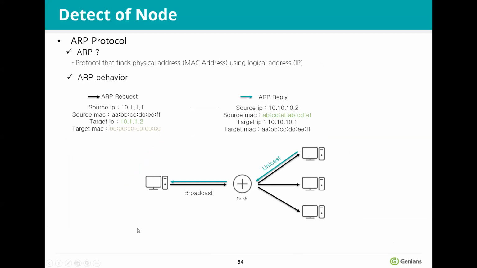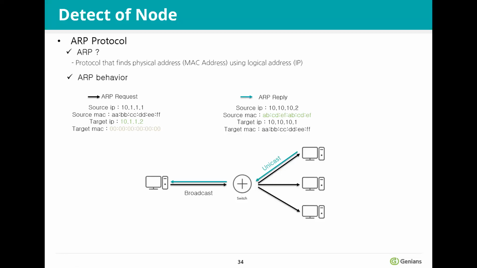ARP protocol is when a device first connects to the network, the device asks all the other devices: my IP and MAC is this, and what are your IP and MAC addresses? Then the device gets that IP and MAC information from other devices and updates its ARP table.